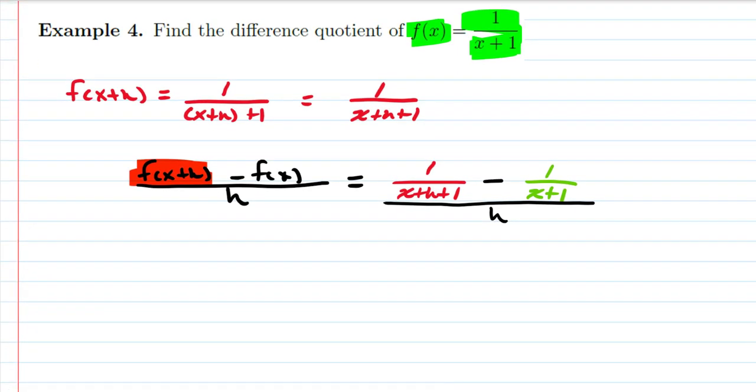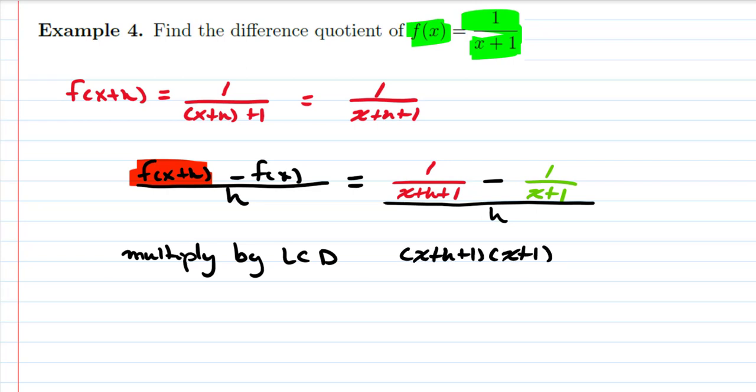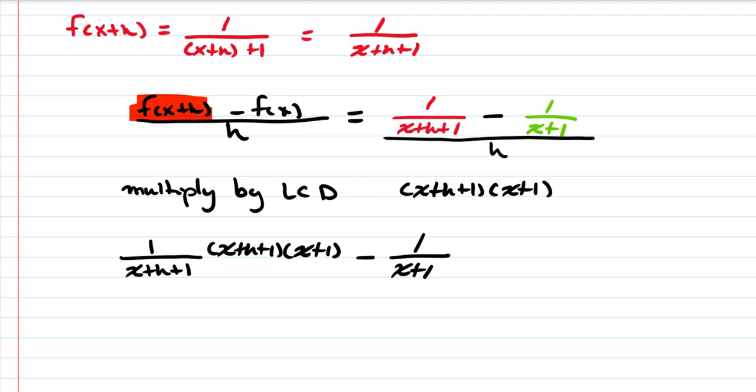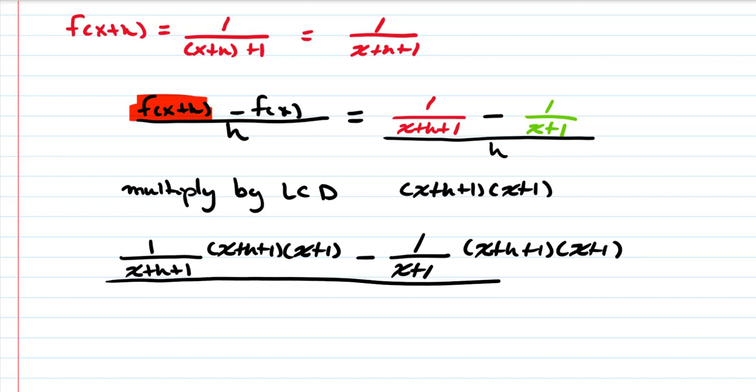And the easiest way to clear compound fractions is to multiply by the LCD. And our LCD in this case is x plus h plus 1 times x plus 1. So if we multiply the numerators of each of our fractions by our LCD, x plus h plus 1 times x plus 1, minus 1 over x plus 1 times x plus h plus 1 times x plus 1, the whole thing divided by h times our LCD, x plus h plus 1 times x plus 1.